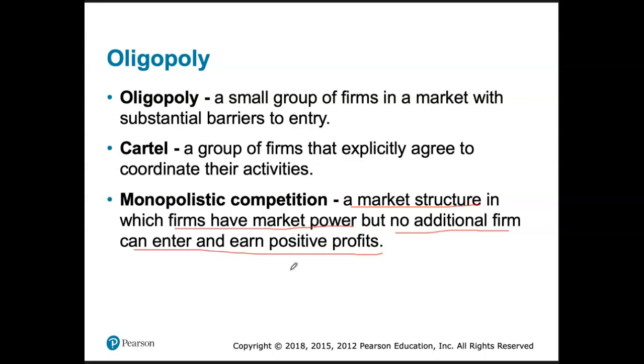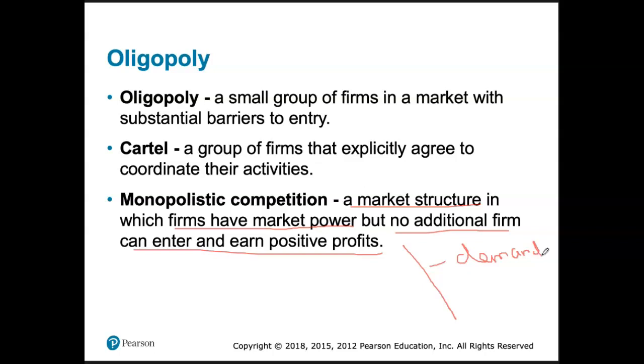And one thing your textbook actually forgets to mention is that in a monopolistically competitive industry, the firm faces a downward sloping demand curve. But you have so many firms in the market to the point where no additional firm can enter and earn positive profits, okay?